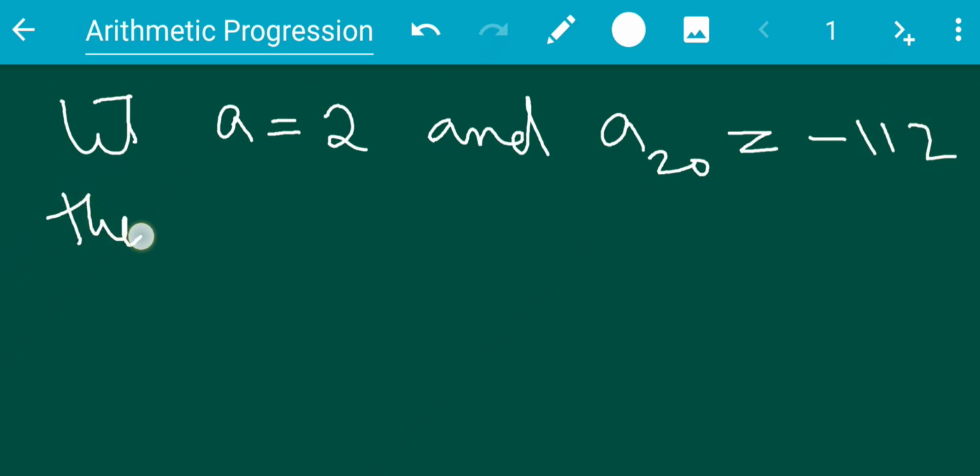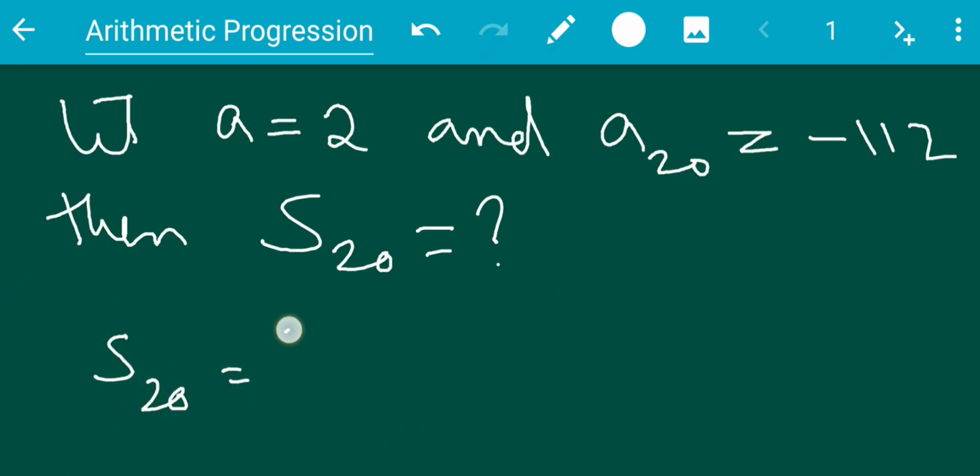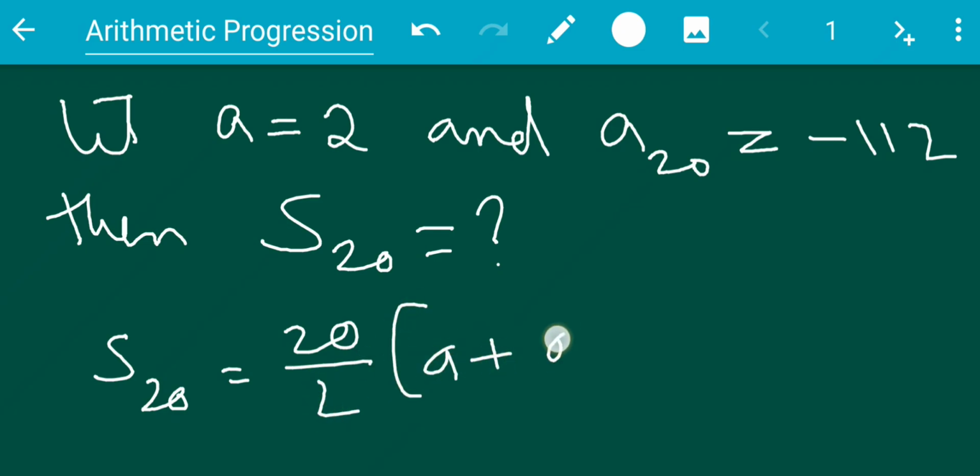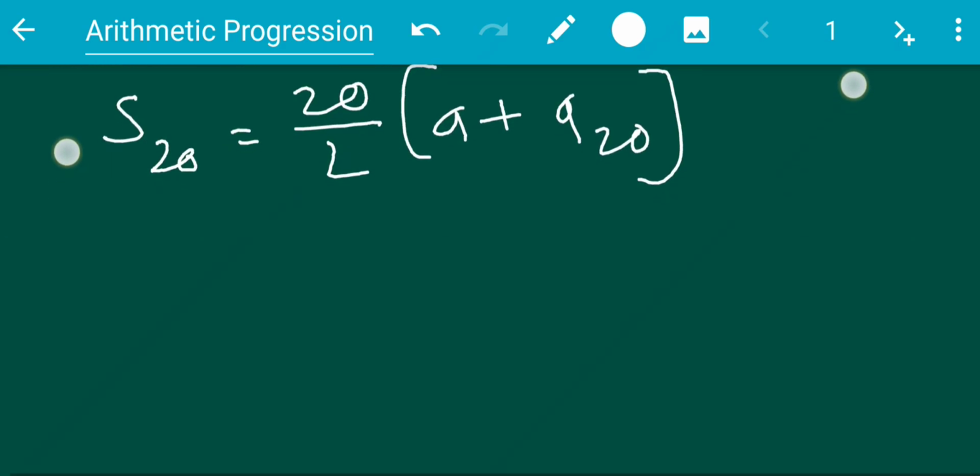Then what is S20? Your first term is 2, last term is minus 112. It is very clear from the formula that S20 is nothing but 20 by 2 into a plus a20.